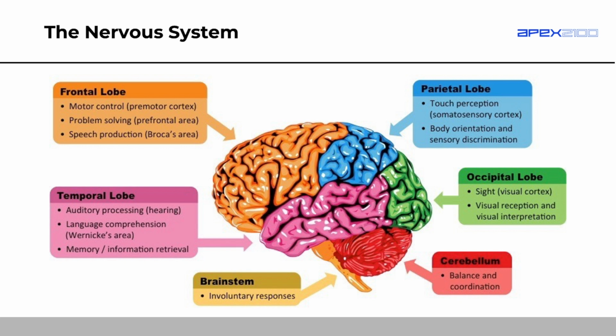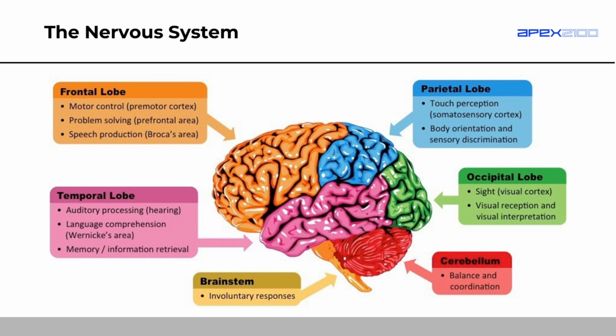The parietal lobe in blue is involved in movement and body orientation. The occipital lobe is very much visual and sight. The temporal lobe is associated with hearing, language and memory. We have the cerebellum, which is involved in posture, balance and coordination.